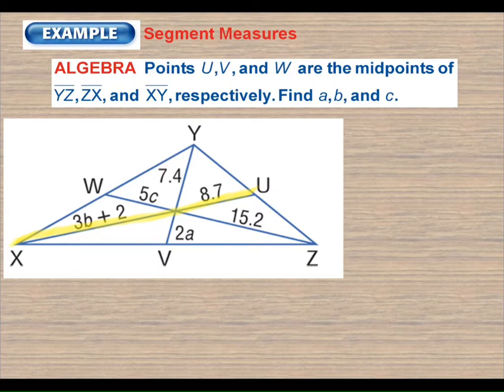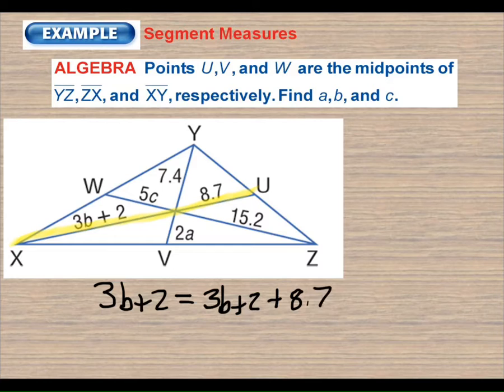So from the vertex to the centroid, in this case, is 3b plus 2. That's equal to 2/3 of the entire median, XU, which is 3b plus 2 plus 8.7. Everybody with me how we got that?